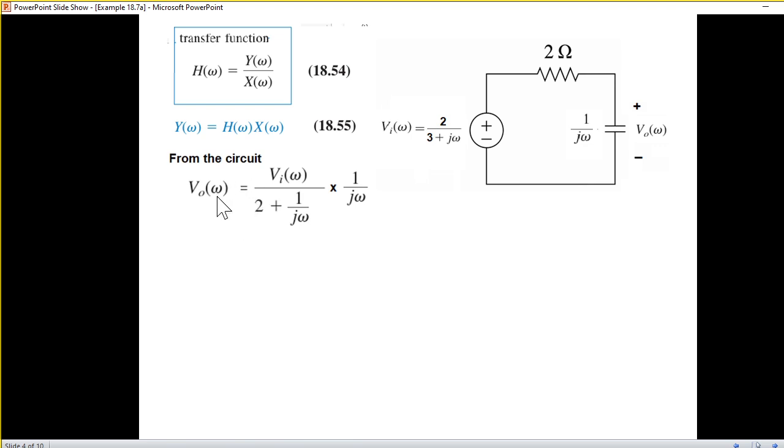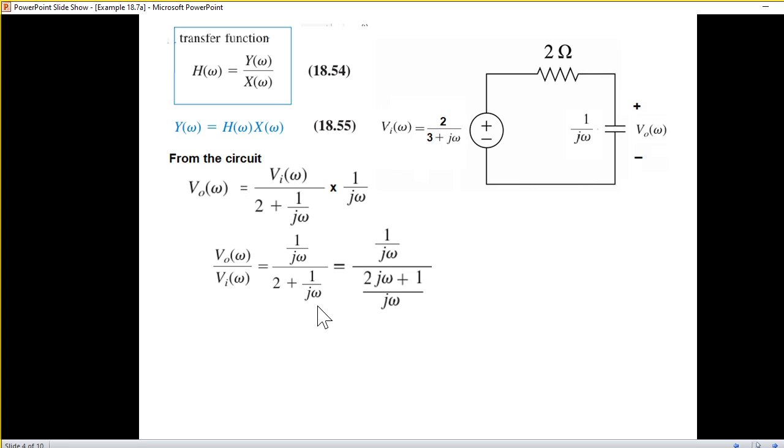First of all, Vout is Vin divided by these two and multiplied by 1 over jω. Moving Vin to the left-hand side, we get out over in, or H(ω): 1/jω divided by (2 + 1/jω).